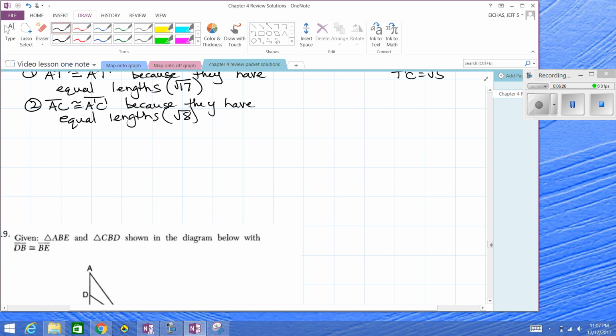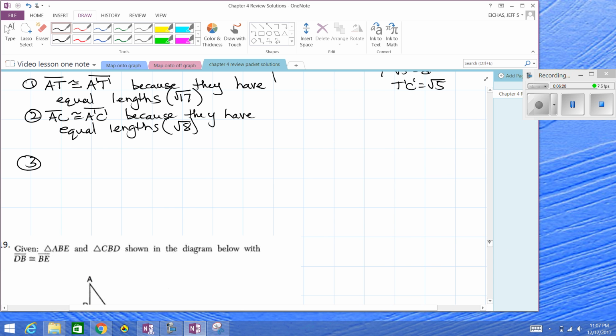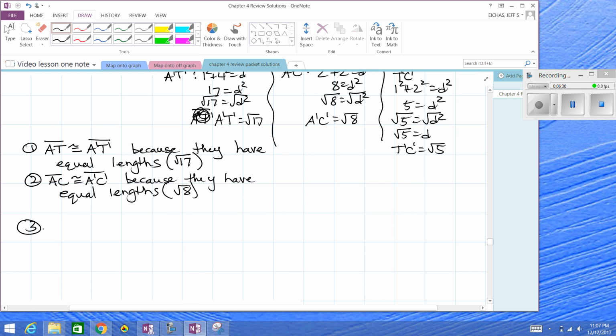Okay, last one. TC is congruent to T prime C prime. Again, for the third time, because they have equal lengths. I know it's annoying, but just don't get lazy on me here. They're both square root of 5. Done.